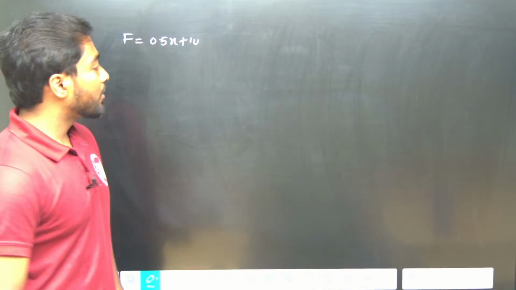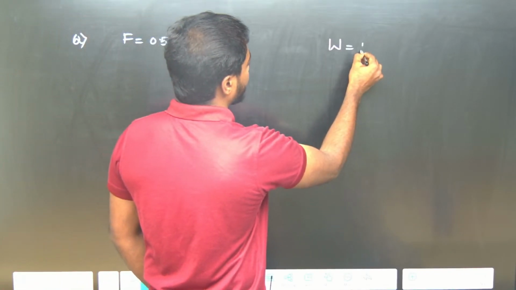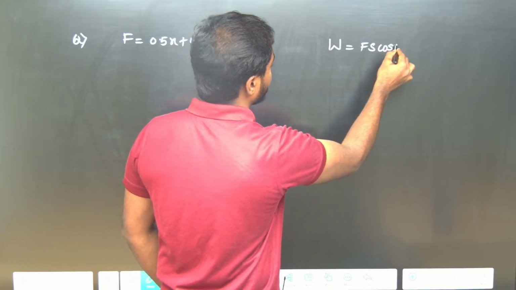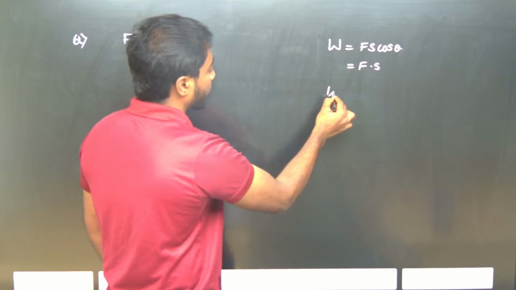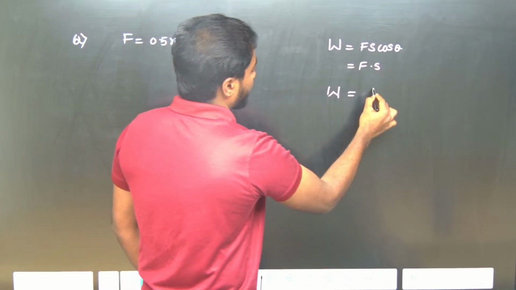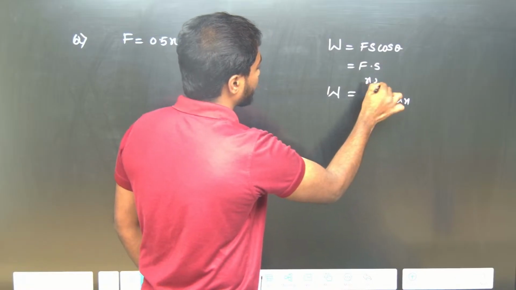Before that, I will tell you the points here. Work done for a constant force is Fs cos theta, or else F dot S. Work done for a variable force is the integral of F dot dx from x1 to x2.